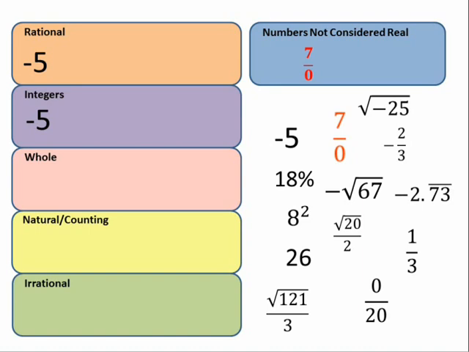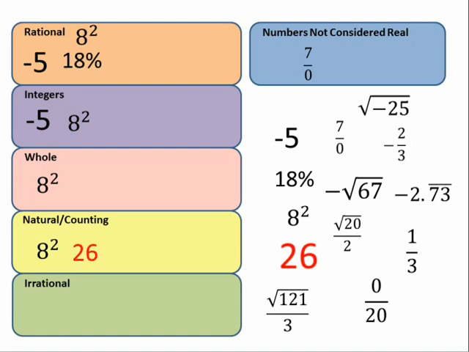Remember, it really is not a number at all. 18%. It is only rational. 8 squared. 8 squared's equivalence is 64, and 64 is a natural/counting number, a whole number, an integer, and a rational number. 26. 26 is a natural/counting number, a whole number, an integer, and a rational number.